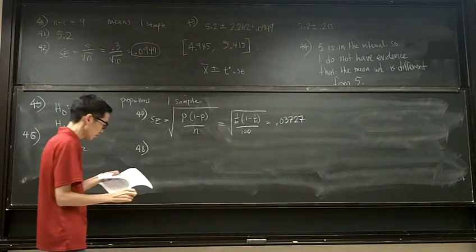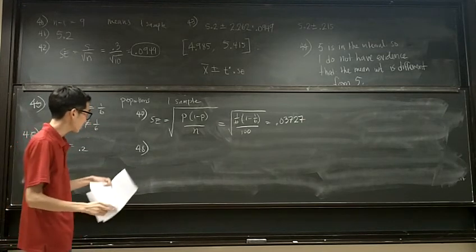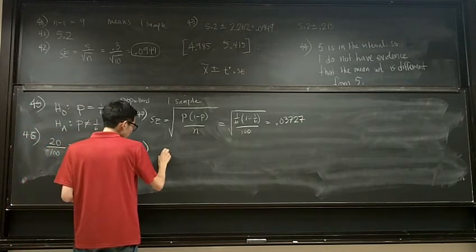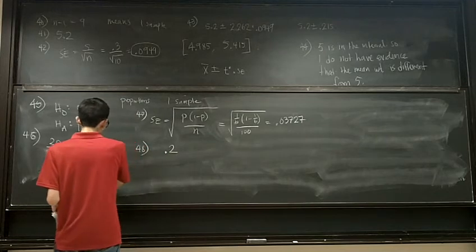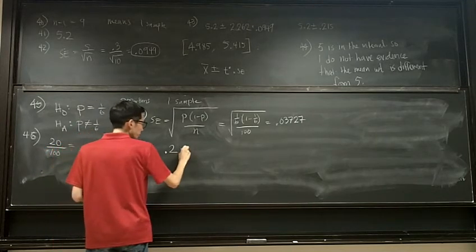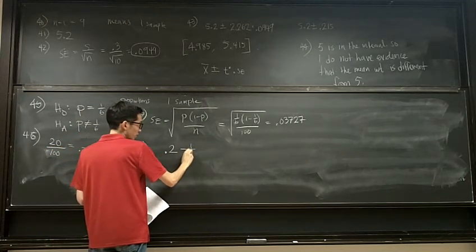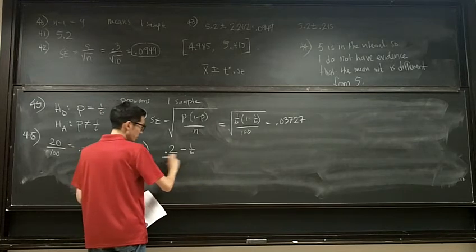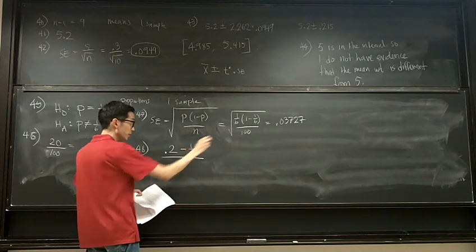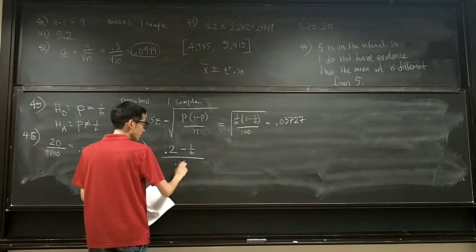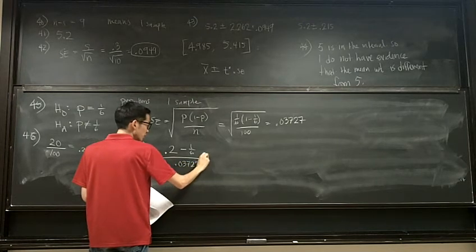Okay, so 48. We're going to do observed minus expected. What I observed was a proportion of 0.2. What I'm expecting is 1/6. And my standard error is 0.03727.